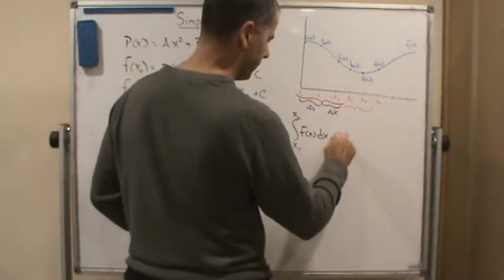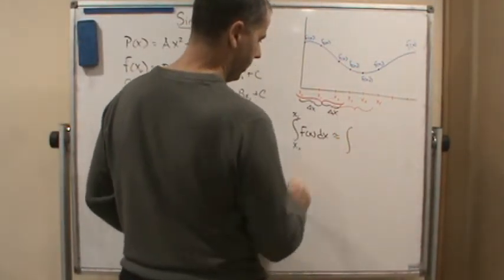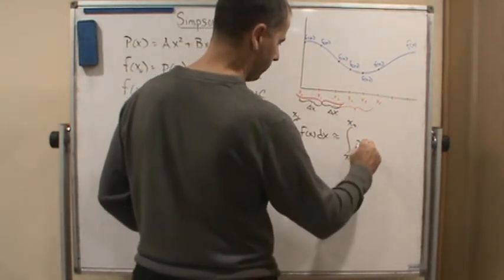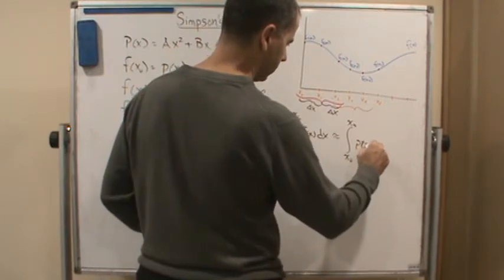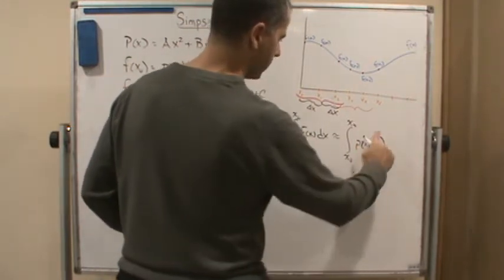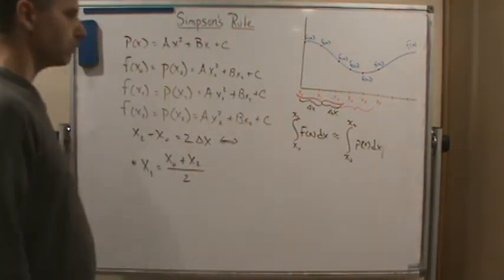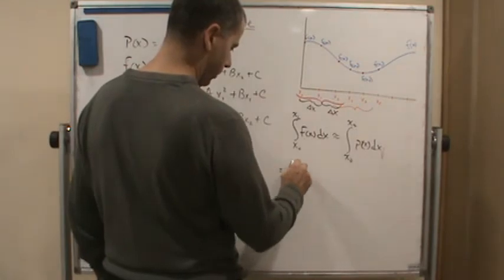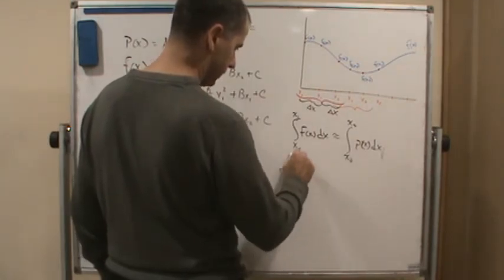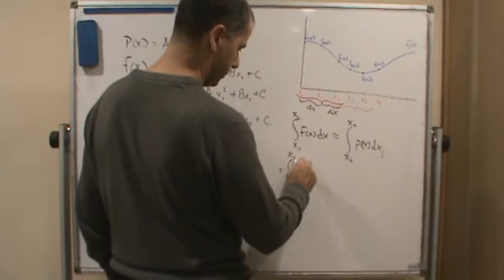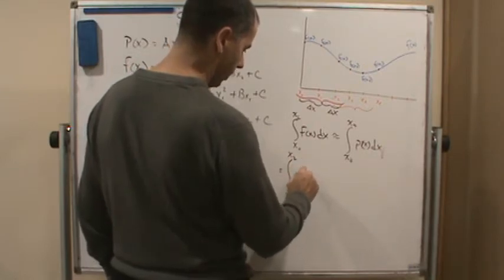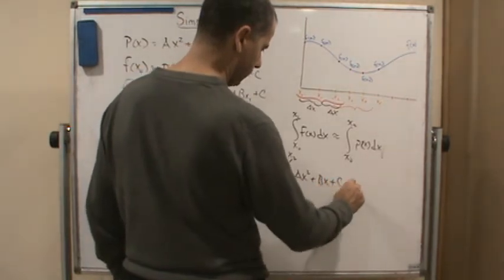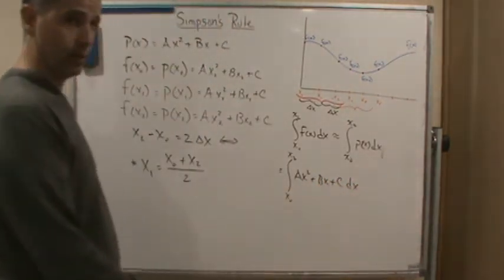So this is going to be estimated using the integral from x0 to x2 of p of x dx, which is the integral from x0 to x2 of ax squared plus bx plus c dx.